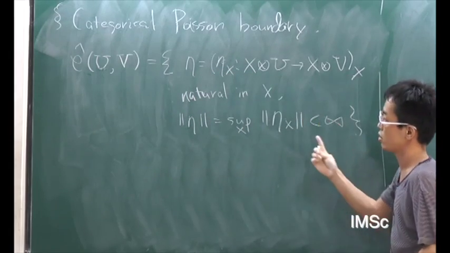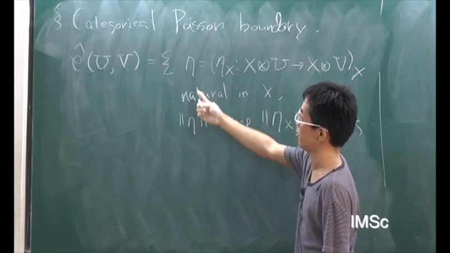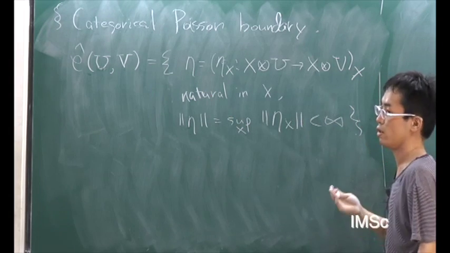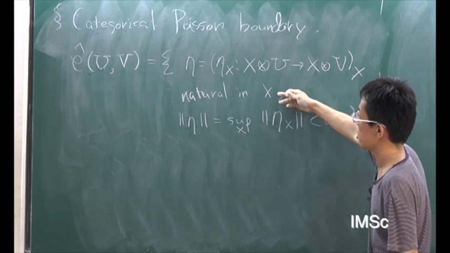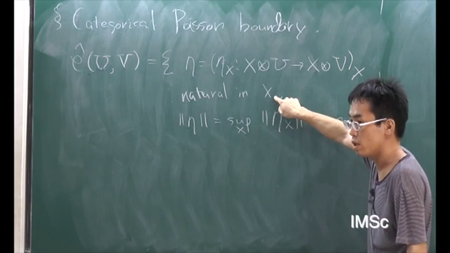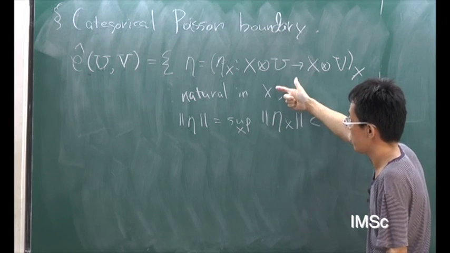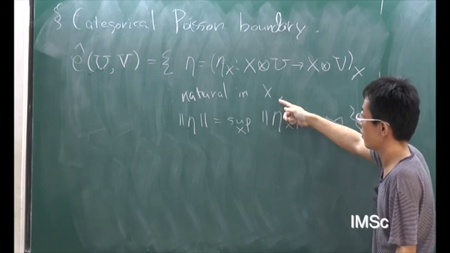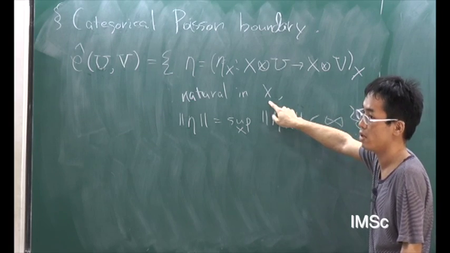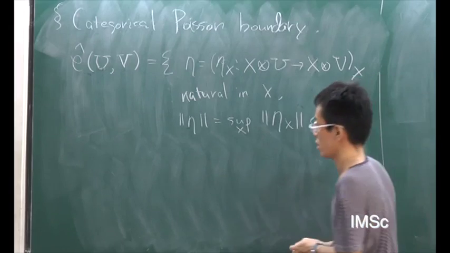And if it is uniformly bounded, then we can call the supremum the norm of this entire family also. So this is the analog of L infinity functions. And this naturality assumption means you can do the reducible decomposition here. So actually, you can prescribe this family just for the reducible x, just determine the value at the reducible x, and you use the naturality assumption for the arbitrary ones.